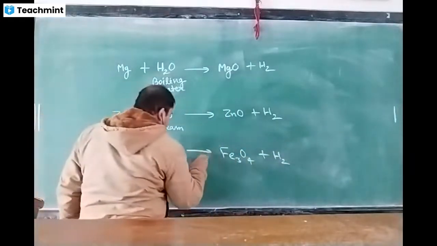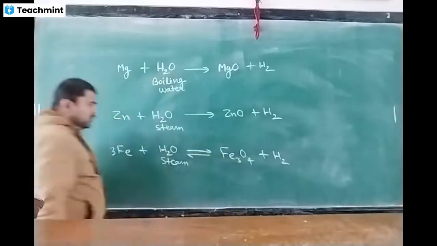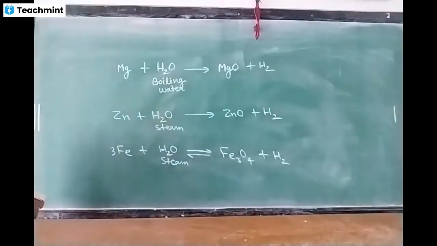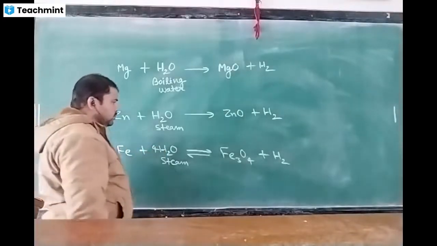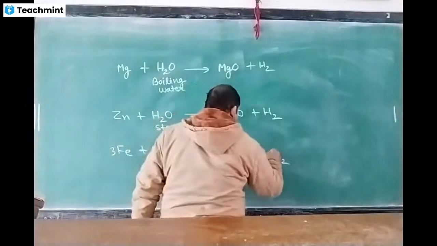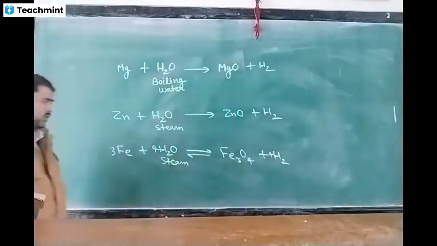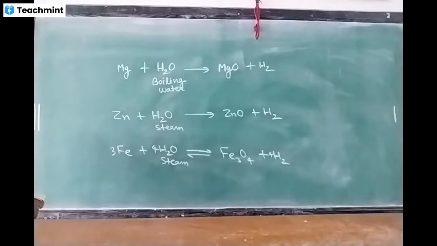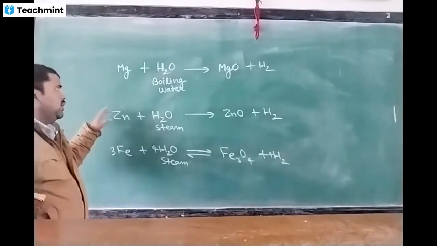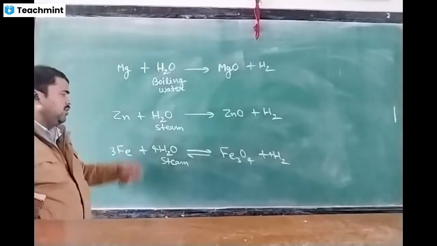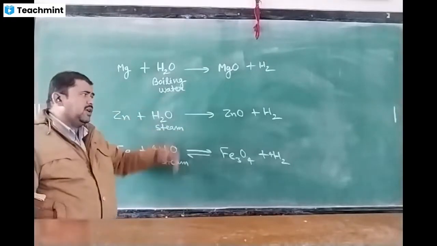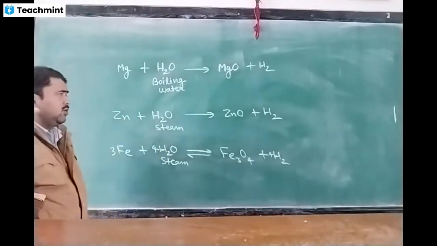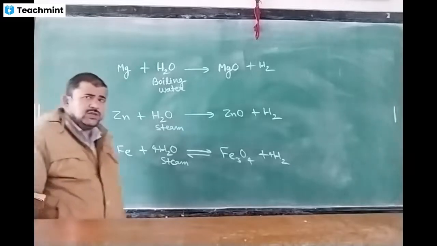This is a reversible reaction: 3Fe plus 4H2O gives Fe3O4 plus 4H2. So these are the reactions. Active metals, meaning magnesium, aluminum, zinc, iron, react with the steam form of water. Only magnesium can react with boiling water as well as steam. We get the oxide of the respective metal plus hydrogen gas.